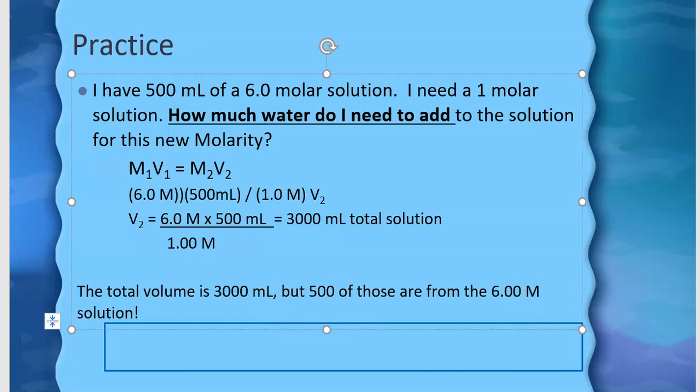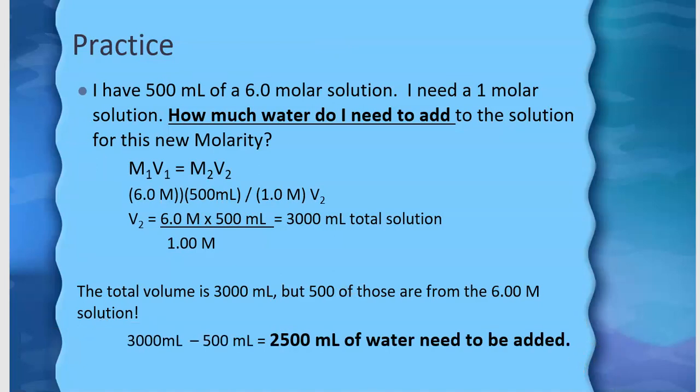So I have to think about how much water would I need to add. And hopefully you see you would need to add 2,500 milliliters of water because 2,500 plus the 500 initial gets me my 3,000 total milliliters of solution.